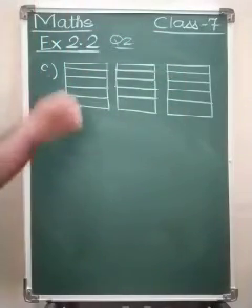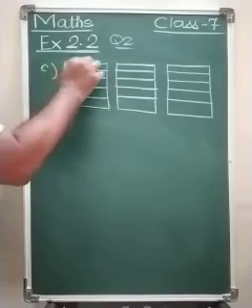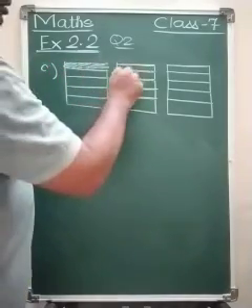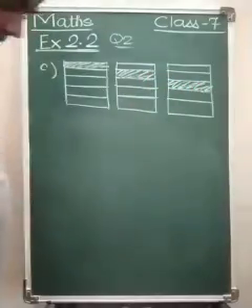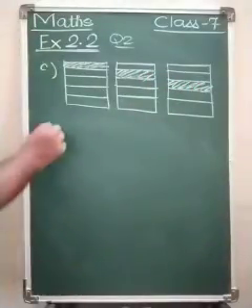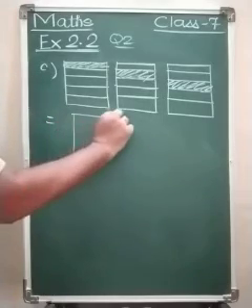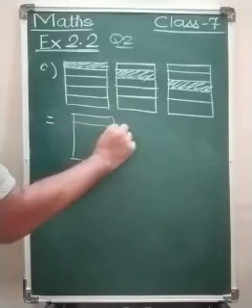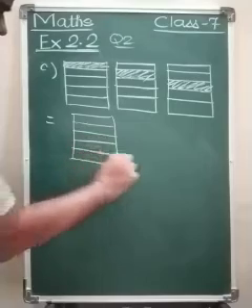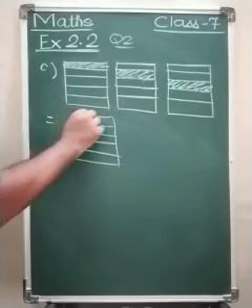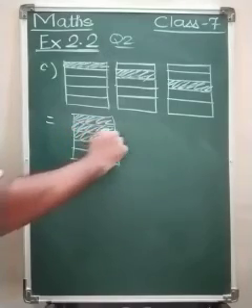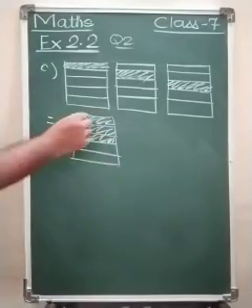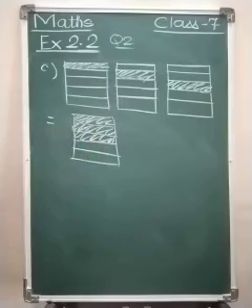So how many parts are there? In each and every one, only one part has been colored. Here one, here also one part. And in the answer, 1, 2, 3 parts have been colored. So these are the question figures, these are the answer figures.